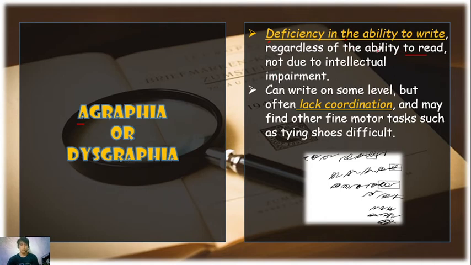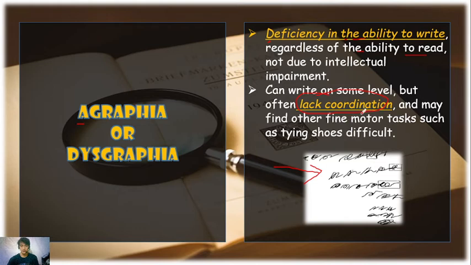Hindi siya makasulat. Wala siyang kakayahang magsulat, but meron siyang kakayahang magbasa. It is because this kind of impairment is caused by lack of coordination. So that's why he can't create a letter, or he cannot write properly.